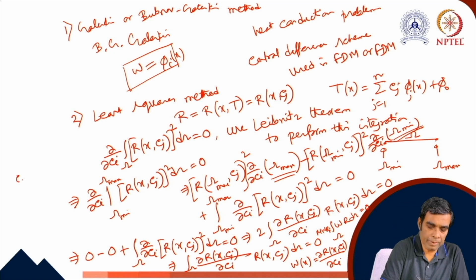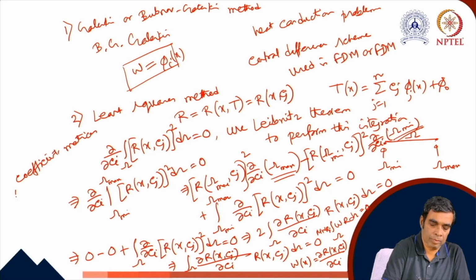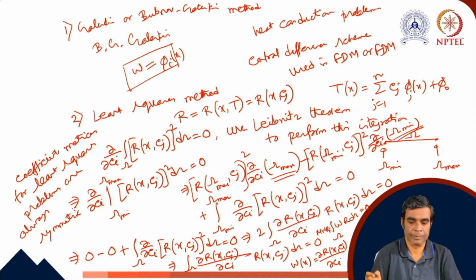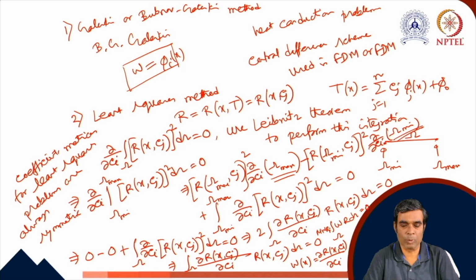So the coefficient matrices for least squares problems are always symmetric.